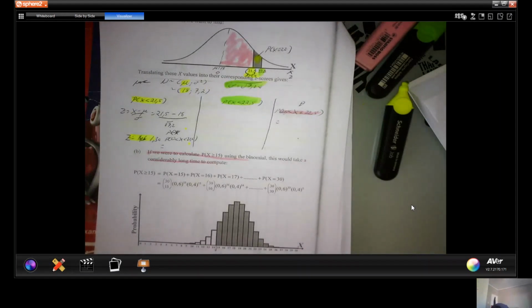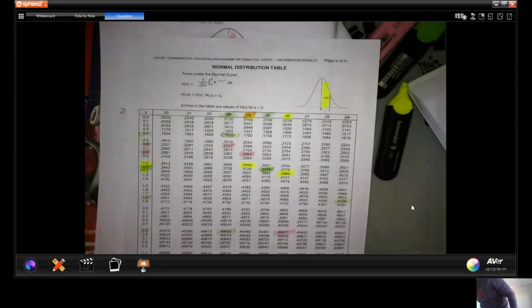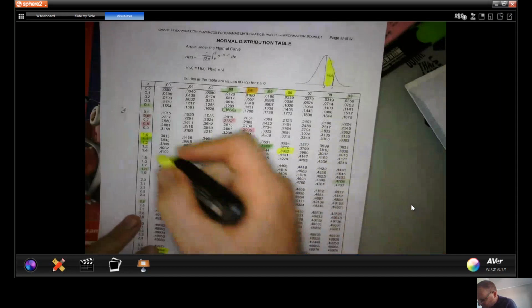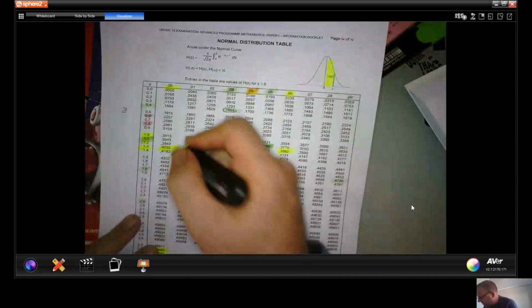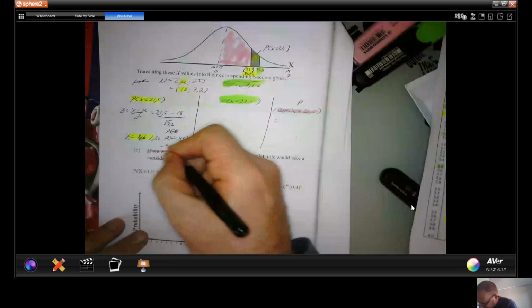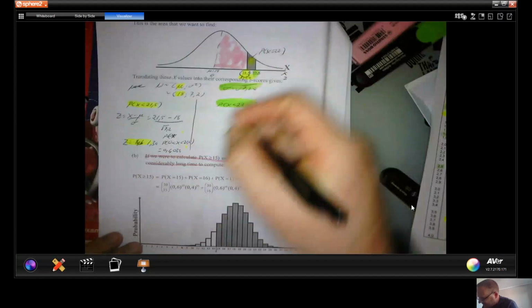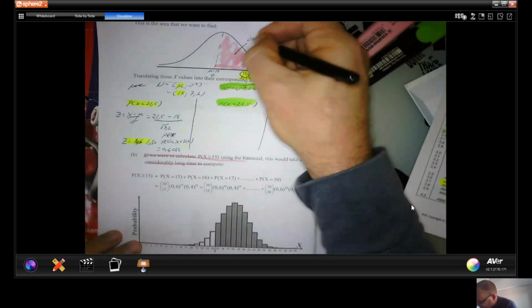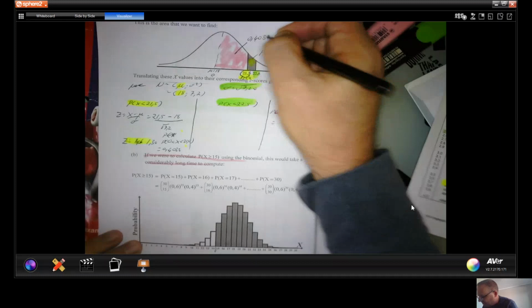I'm looking for a z score of 1,3. 1,30 is over here, which is 0,4032. So what have you worked out? You worked out this pink area is 0,4032.